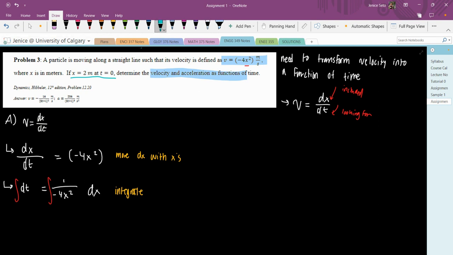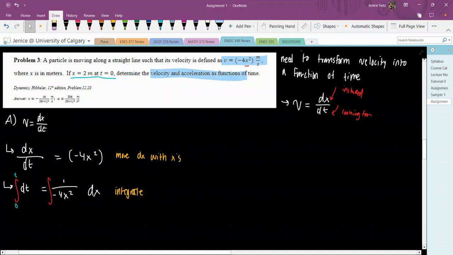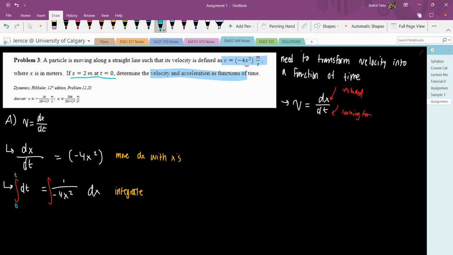This is where our initial statement comes in. This is with respect to t. So t is going to be from 0 to t. And this is going to be from value 2 to x.